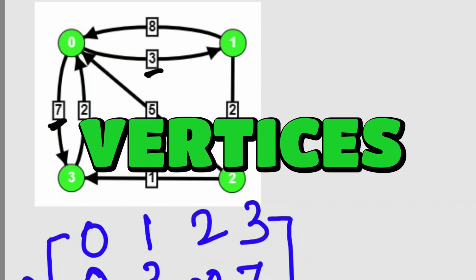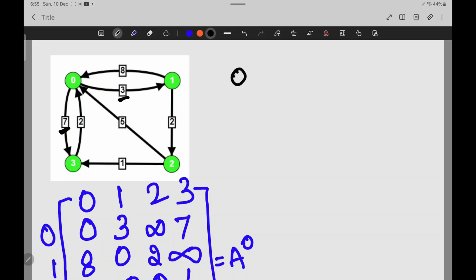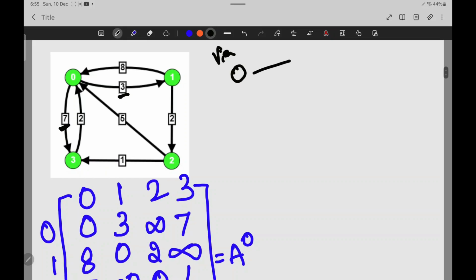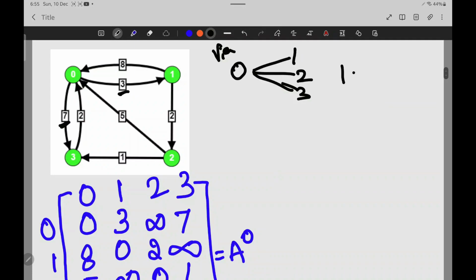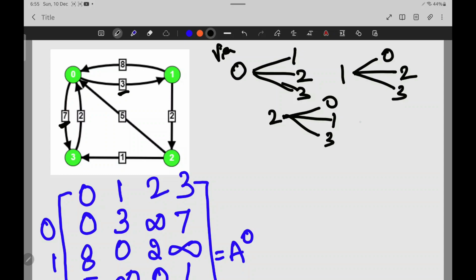These are all the vertices. Via 0 we need to travel to the vertices 1, 2, 3. Similarly, via 1 we need to travel to 0, 2, 3. Similarly, via 2 we need to travel to 1, 2, 3.